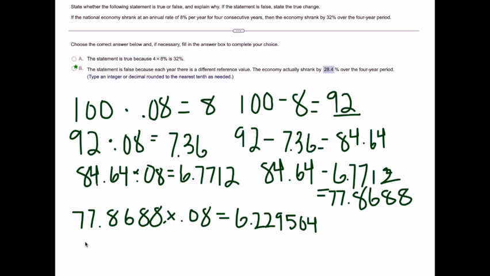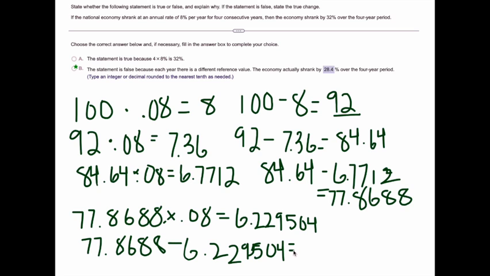So now I have to subtract that from the 77.8688. Okay, when I subtract that, I'm going to get 71.639296. So at the end of the fourth year, this is our ending value.